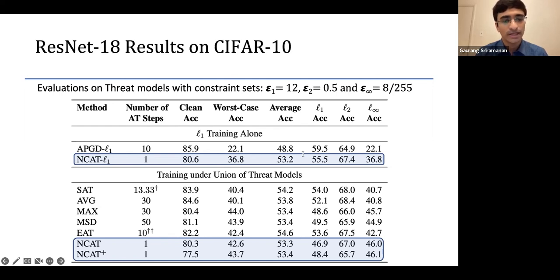Prior methods rely on multi-step attacks across multiple threat models, which is why for this setting we find other defenses using a large number of steps such as 30, 50, or on average 13.33, due to having multiple threat models.